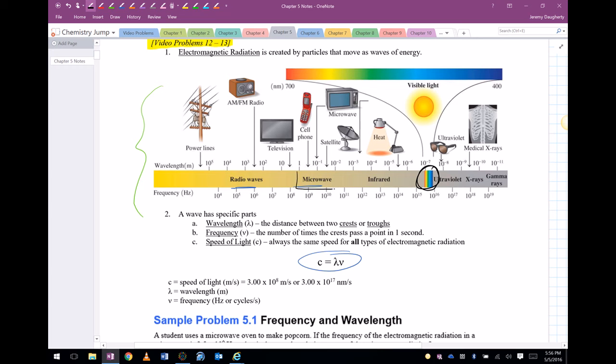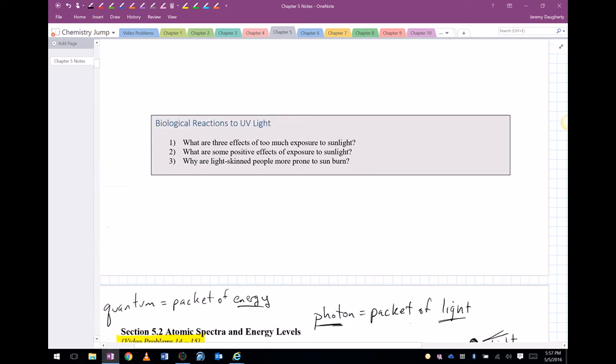Maybe this morning you used a microwave. Maybe you got an X-ray at some point. But all of this is because of electrons absorbing energy, moving up energy levels, then electrons releasing energy coming down. And when it releases that energy, it releases it somewhere in the electromagnetic spectrum.